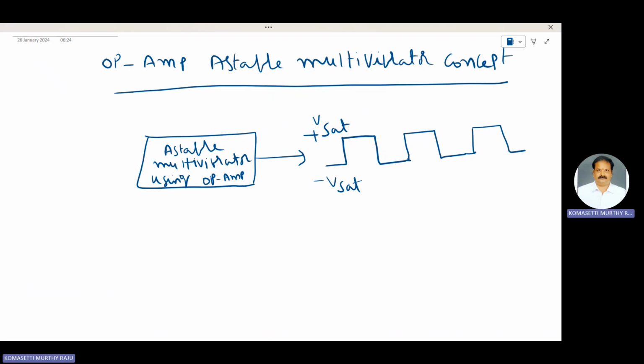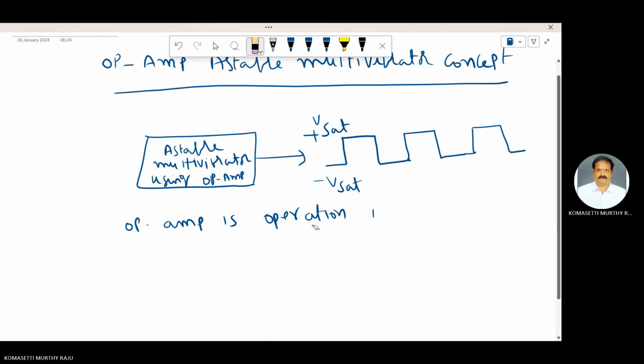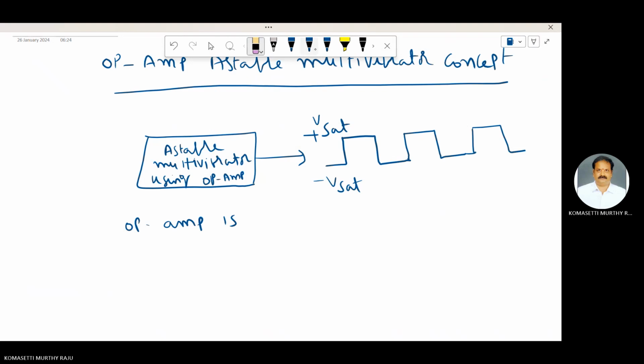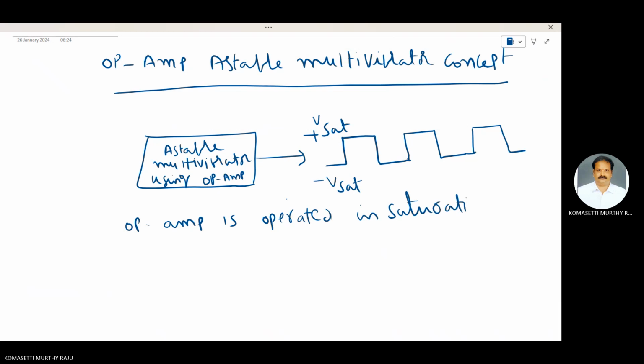Next, Opamp is operated in the saturation region.